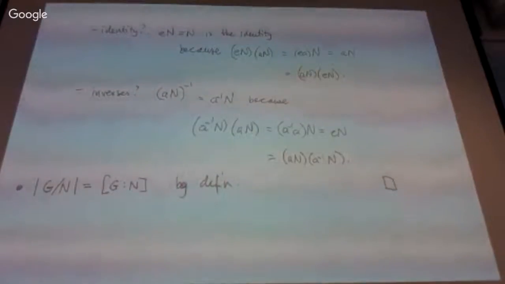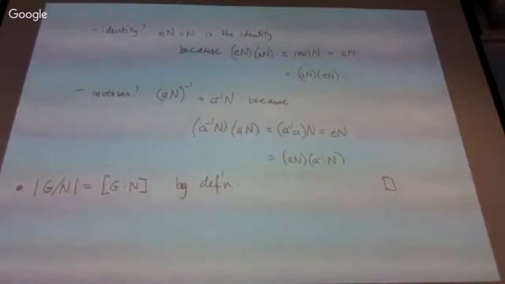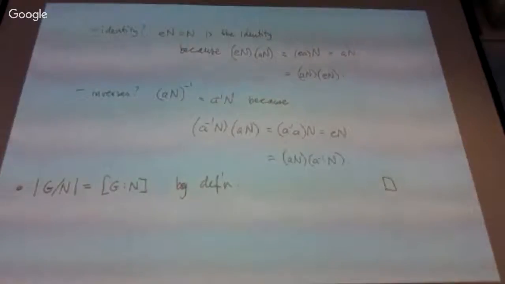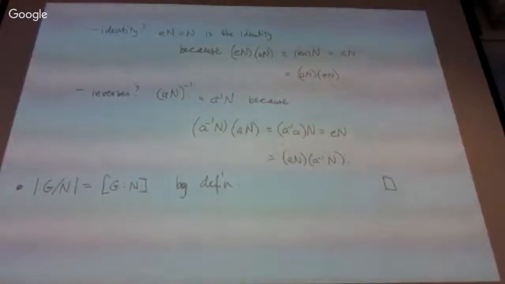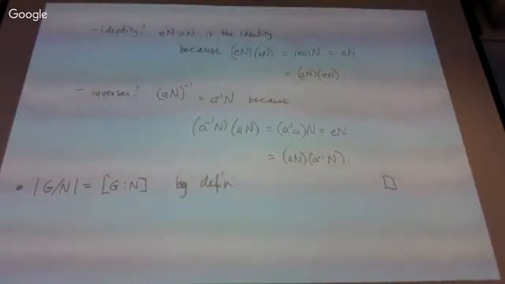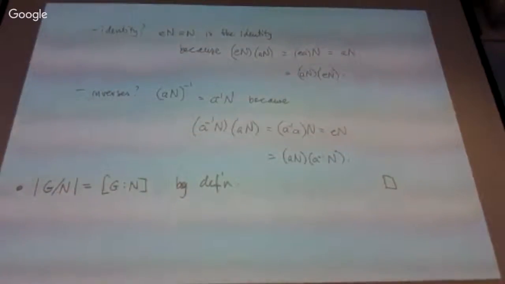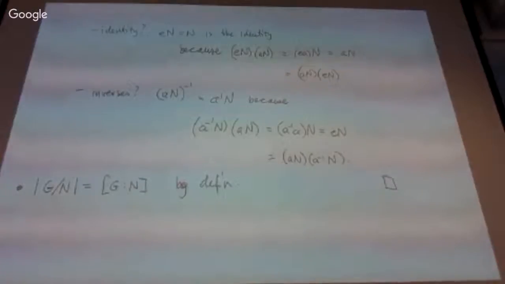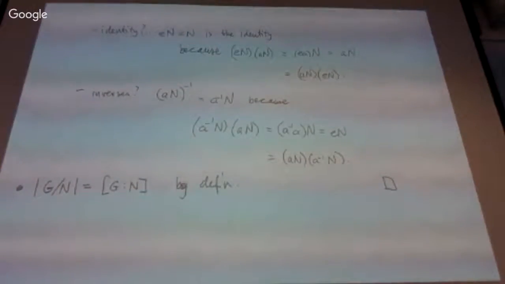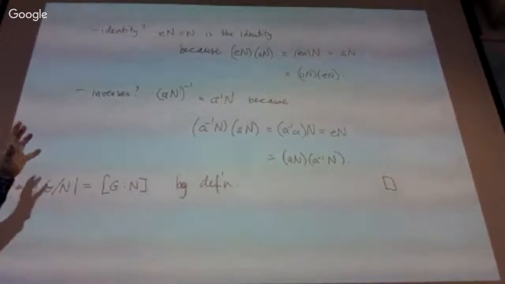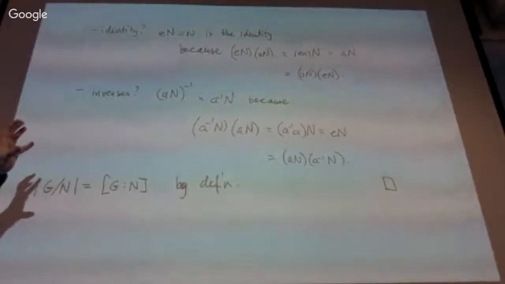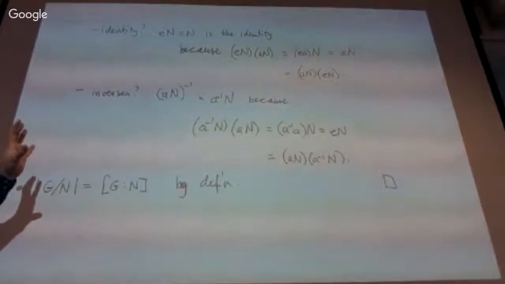Pardon? Doesn't make sense. What exactly? All that inverse part. Would you want me to explain again? I could do. Yeah. So you have the set of all cosets, and you're trying to say that it's a group.